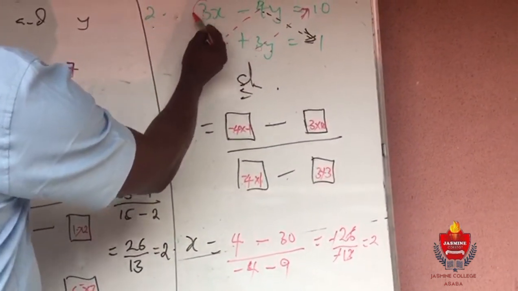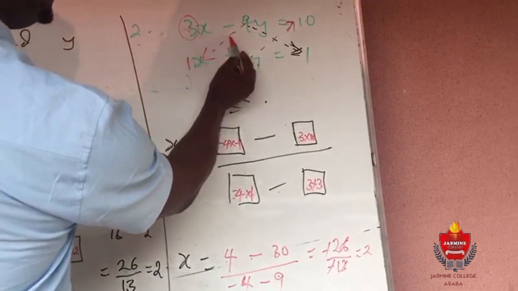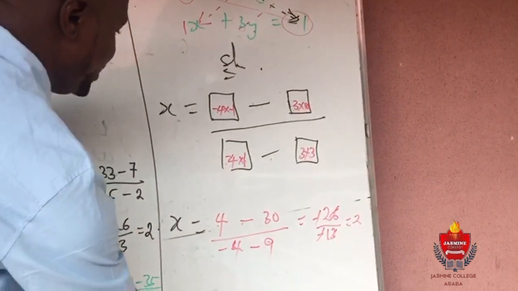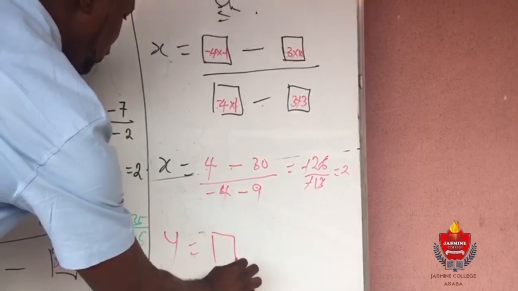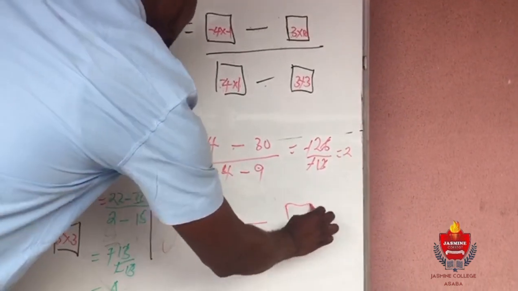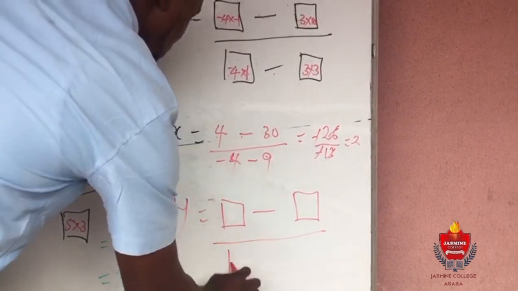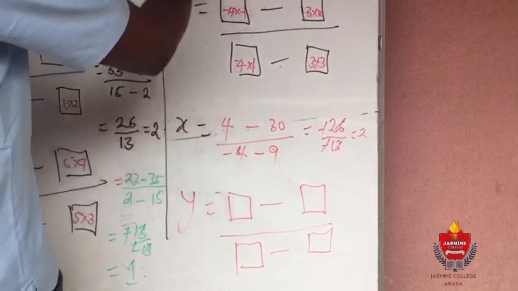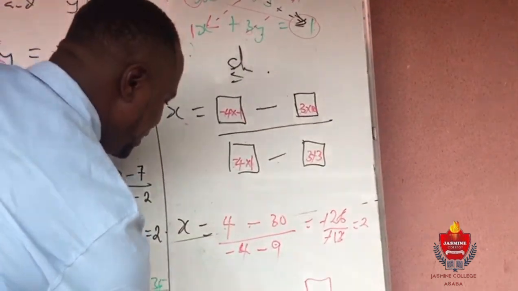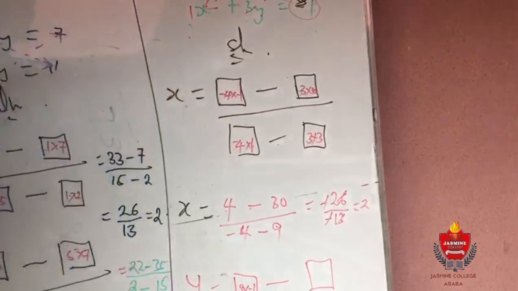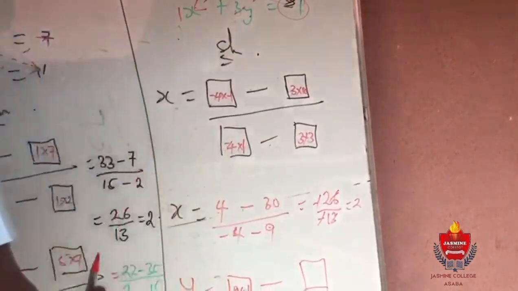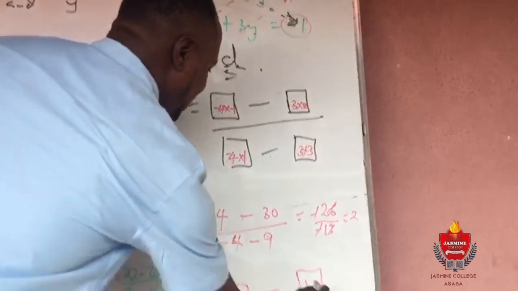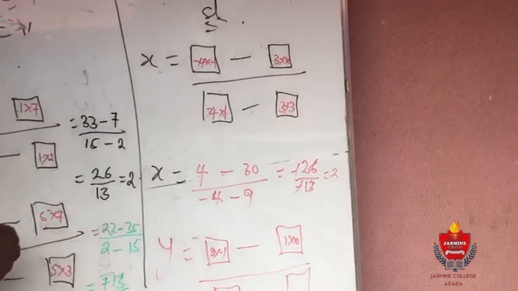And then for y, you have to now focus majorly on the coefficient of x, so that the coefficient of x here will be used to multiply these constant entries. As usual, you draw your boxes: box 1, box 2, box 3, box 4. Then for y, inside box 1 we have 3 multiplied by minus 1. And for box 2, we have 1 multiplied by 10.